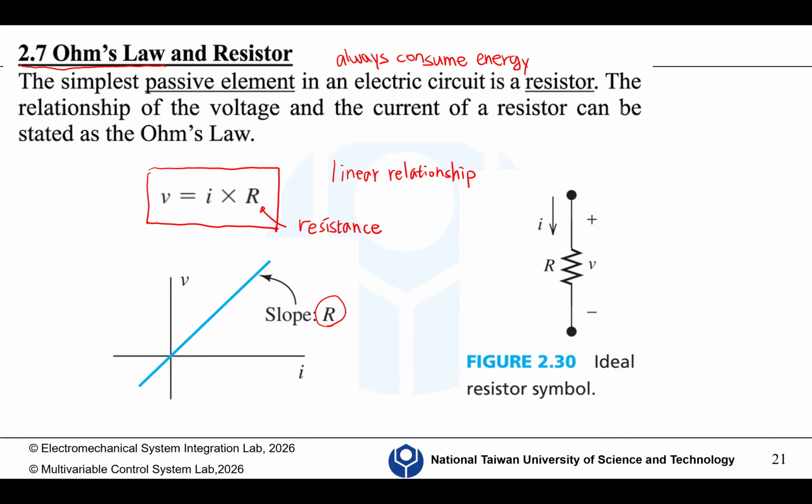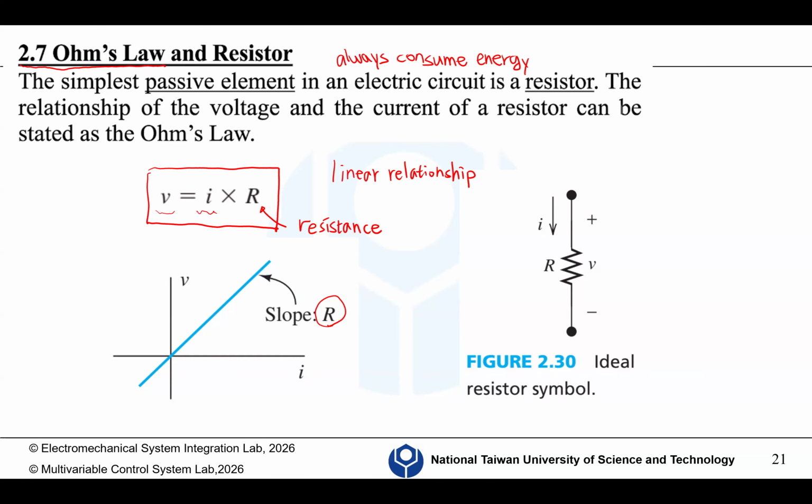The larger the voltage applied to a resistor, the larger the current. They are proportional to each other, and the larger the current flowing through a resistor, the larger the voltage across that resistor.